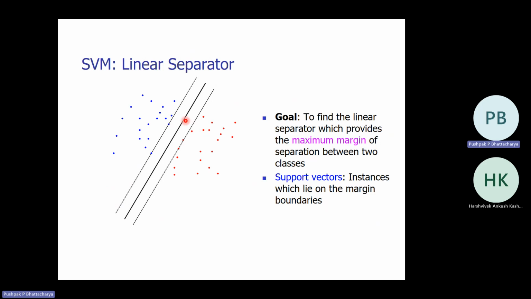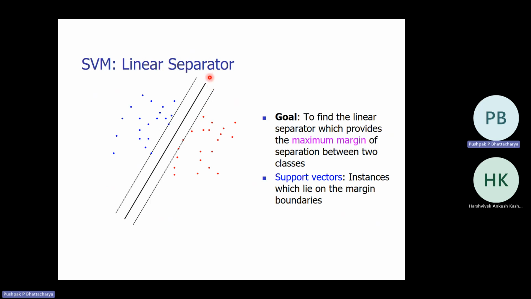Now, this hyperplane is chosen because it is in the middle of the two boundary lines going over the support vectors. There are infinite numbers of lines which will satisfy separability, but I'll choose the one which gives me the maximum distance counted from both sides of the positive class and the negative class.